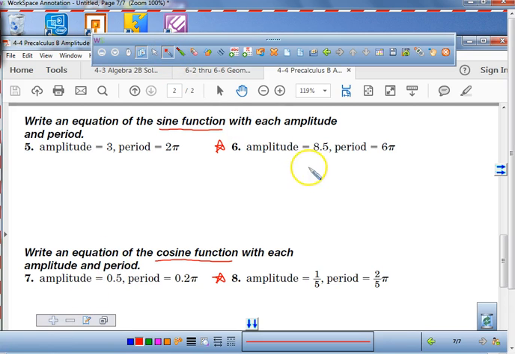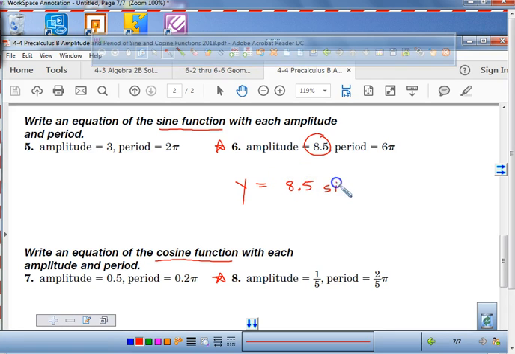All right, everybody. What's our amplitude equal to? It's equal to 8.5. So technically, you could write y equals 8.5 times the sine of, and this is what we got to figure out. We got to figure out what is going to be our b value and what's theta. Theta is just going to be b theta. So we have to use a formula. What's the formula? I don't want the answer, Raymond. I want the formula. You know the formula? No? Okay.